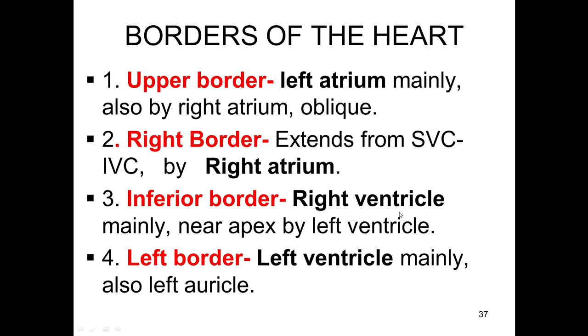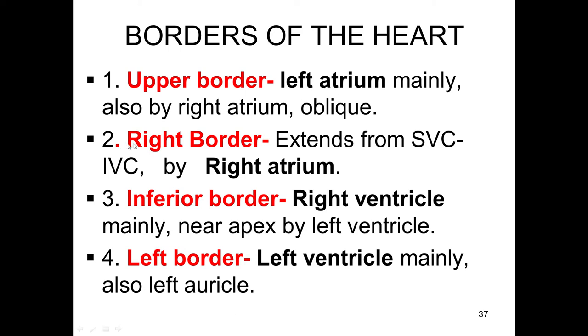Now we will study about the borders of the heart. What are the borders of the heart? The first is upper border. Now upper border is slightly oblique and it is formed mainly by the left atrium. Right atrium also participates, but left atrium mainly participates in the formation of the upper border of the heart.